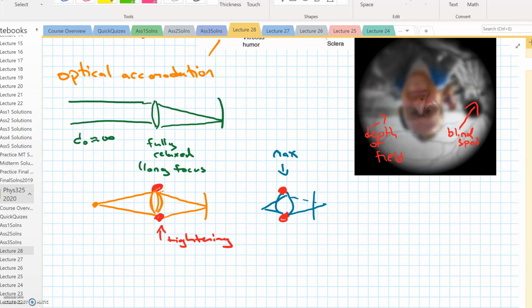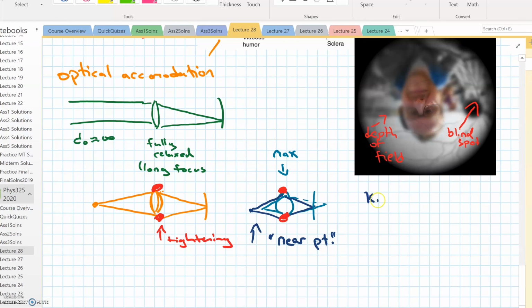The closest thing you can see when your ciliary muscles are maximally constricted is going to be a given distance away. And that's called the near point. The near point is the closest point you can see without the image going out of focus.